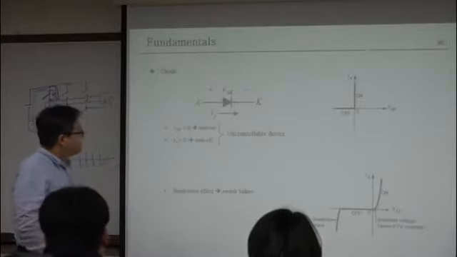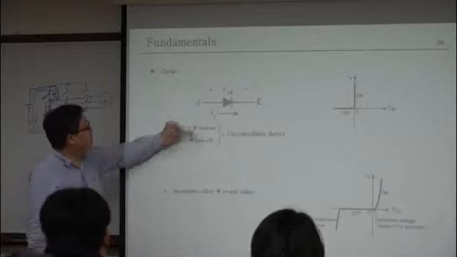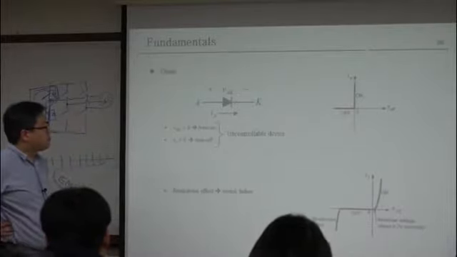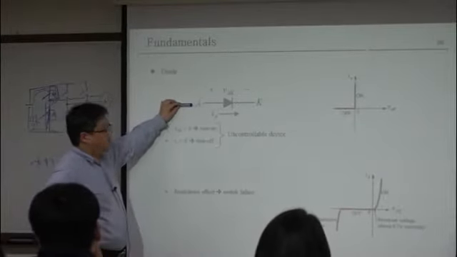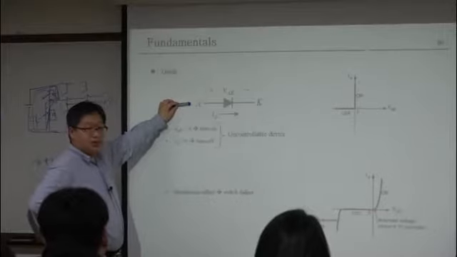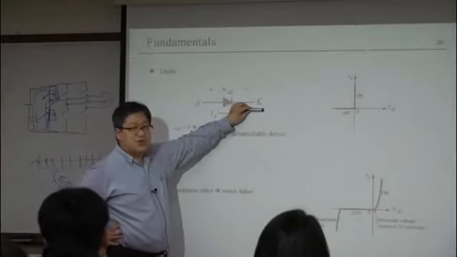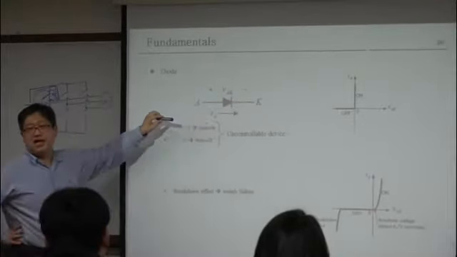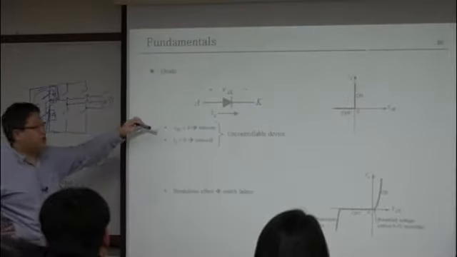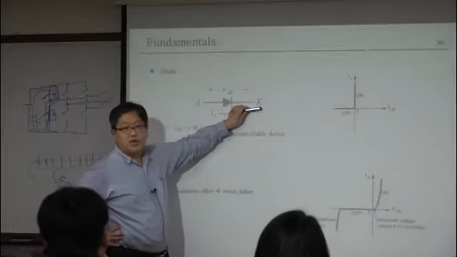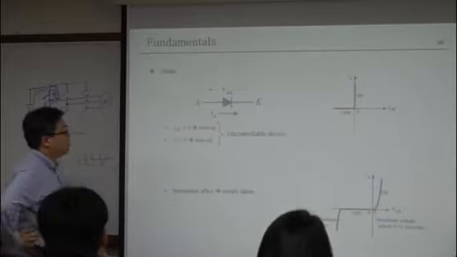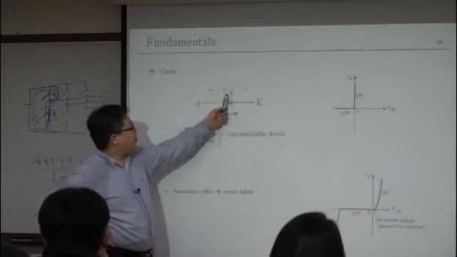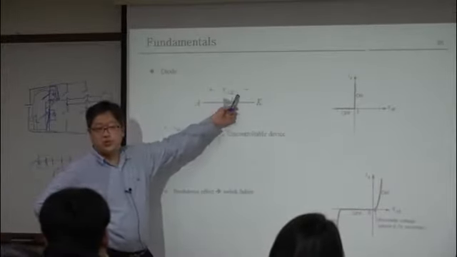Okay, anyway, let's discuss the diode. It's like that. This terminal is called the anode. This terminal is called the cathode. In fact, cathode is spelled C-A-T-H-O-D-E, but we usually use the symbol K. And V_AK is defined as the diode forward voltage drop.